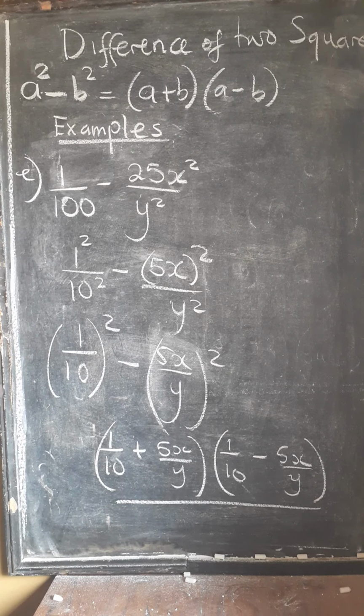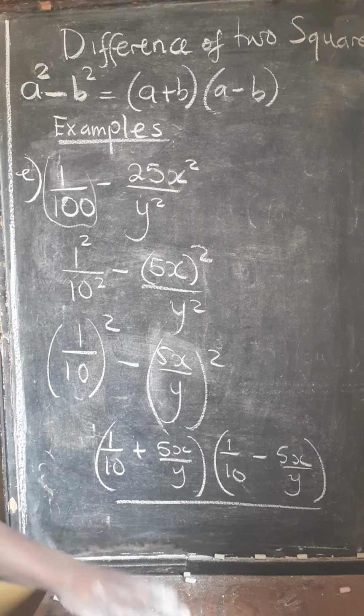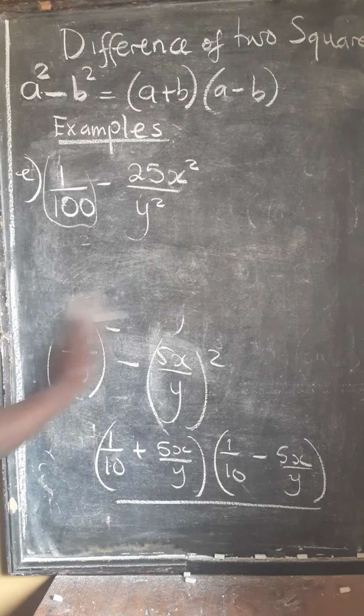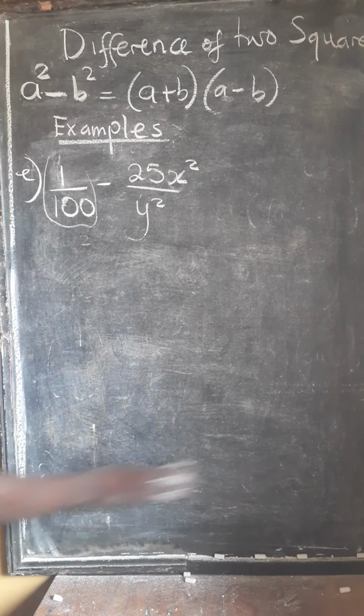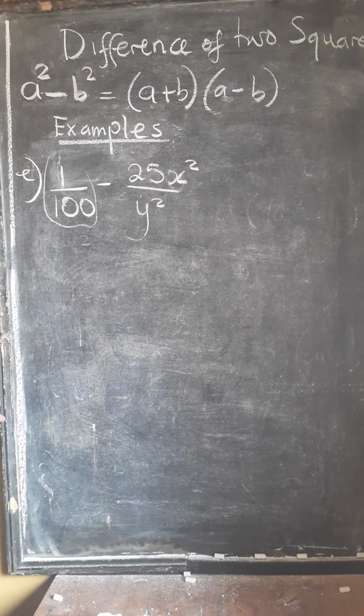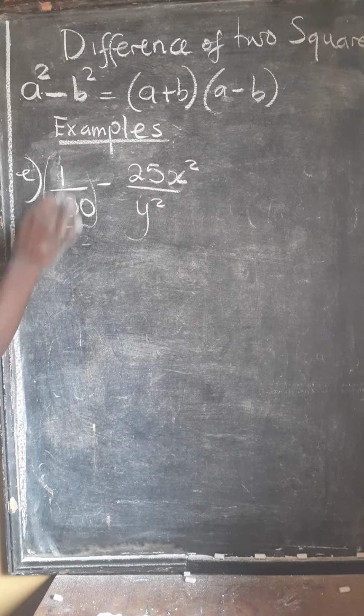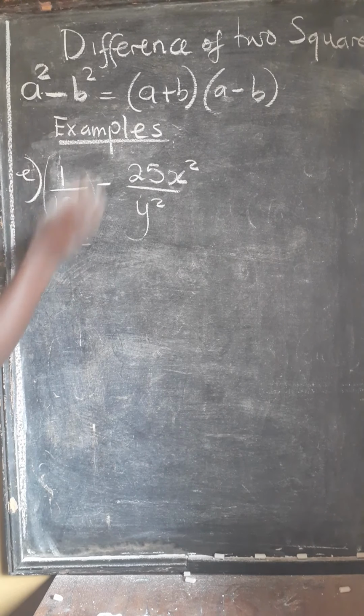Now you take note that sometimes when you look at this part, it's a fraction here, so don't be distracted. There are times when maybe they'll ask you to factorize this one. They convert it into a decimal number.